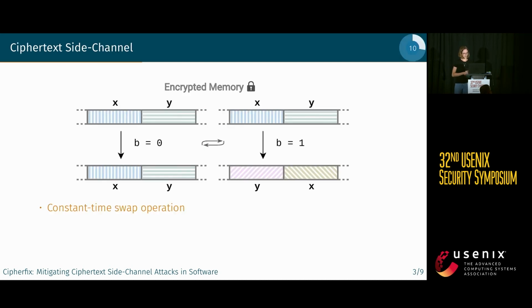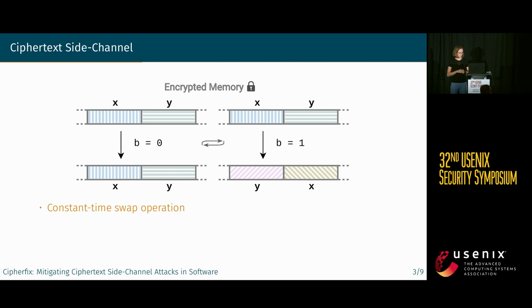I brought an example of a constant time implementation of a constant time C-swap. It is, for example, used in EdDSA, so in standard implementations that are used everywhere. What you see here is we have two buffers, X and Y, and we put them at memory addresses. These blocks are the memory addresses, and the colors and stripes are the ciphertexts that you see.